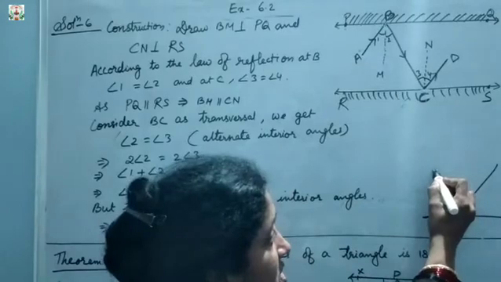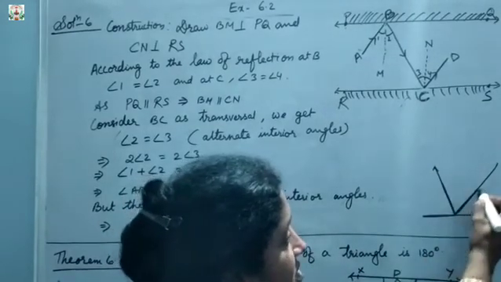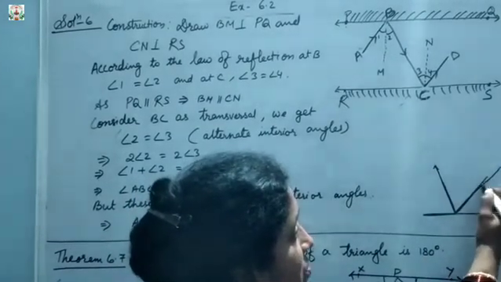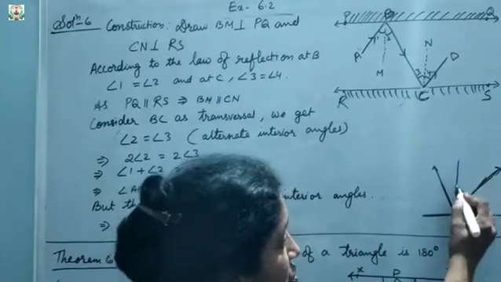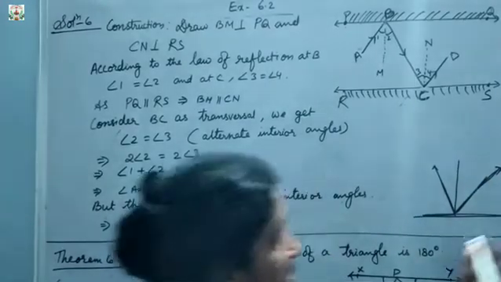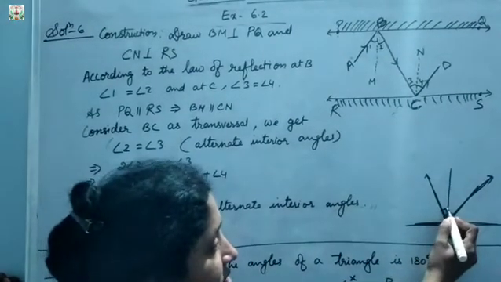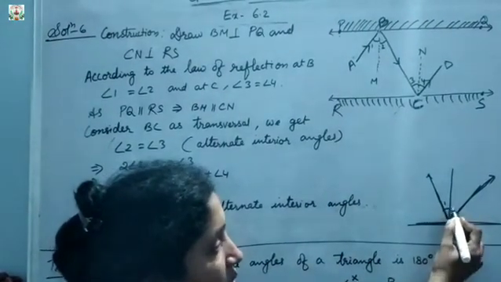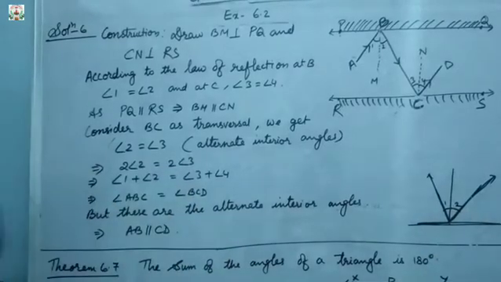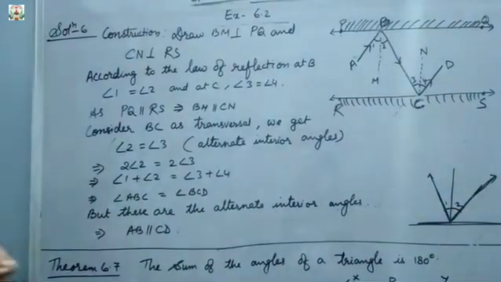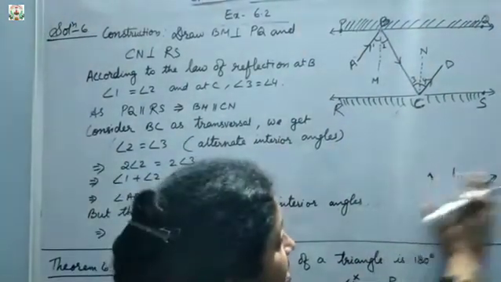So this is the incident ray and this is the reflected ray, and a normal which is drawn will be perpendicular to the plane, is it not? And the incident angle will be equal to the reflected angle. You studied this? That method only we will apply here also.